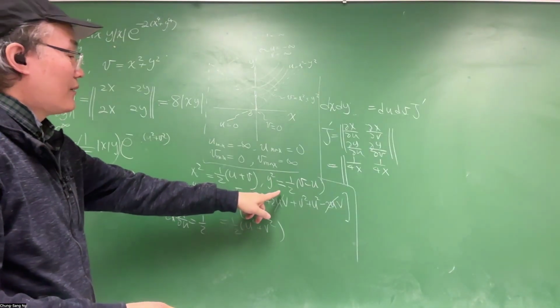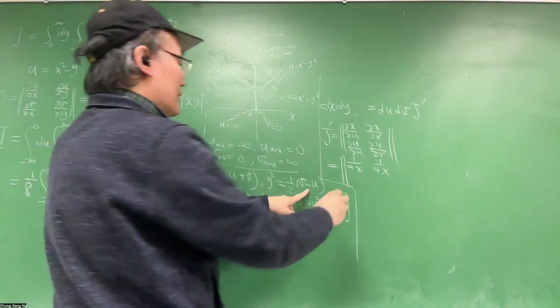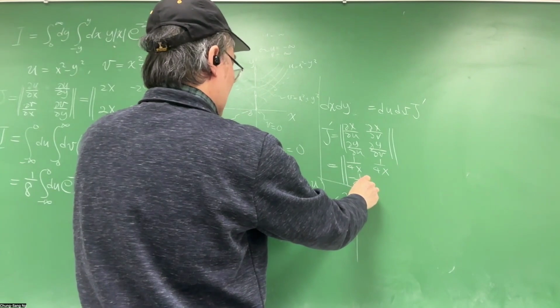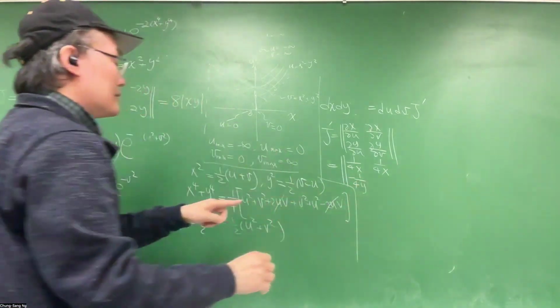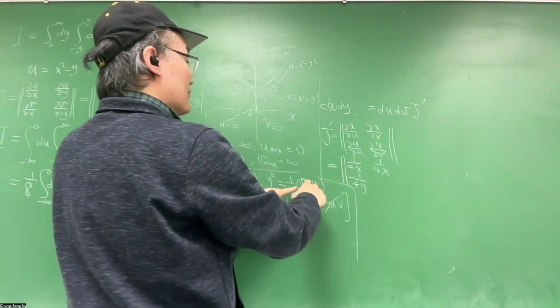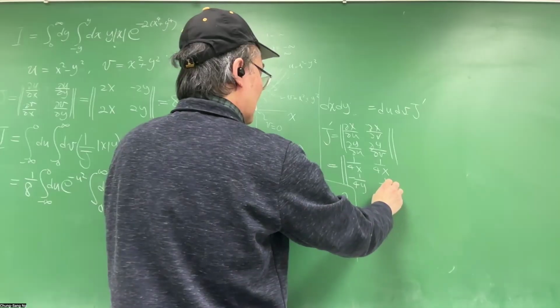Partial y partial u is, we have a negative sign. 3, 4, 1. Right, and then partial y partial v is the positive sign on the 4.